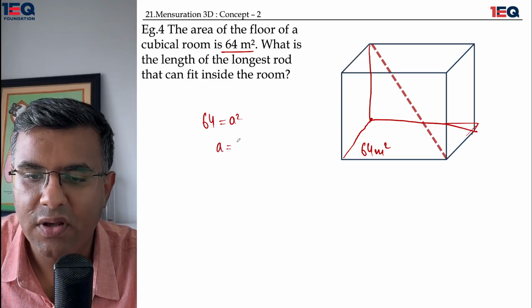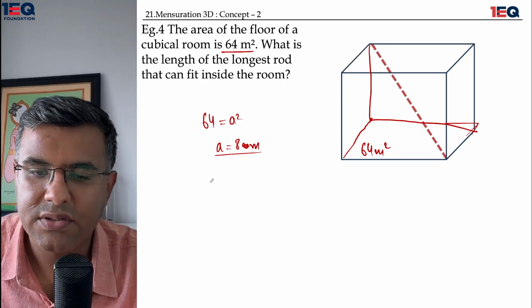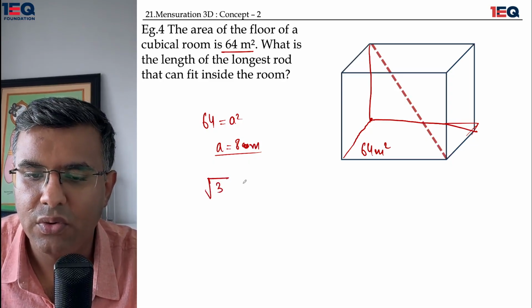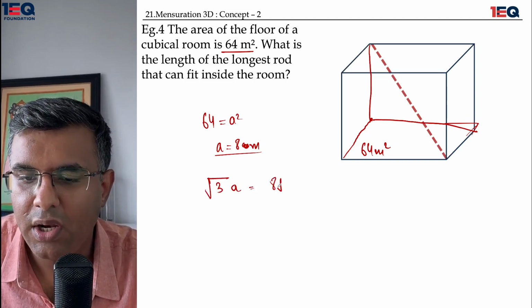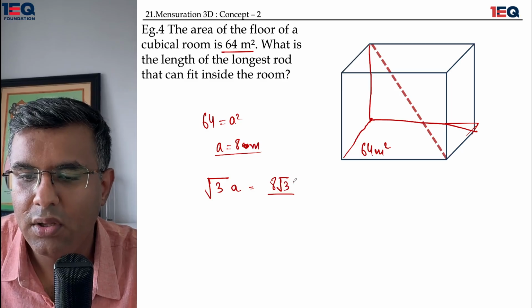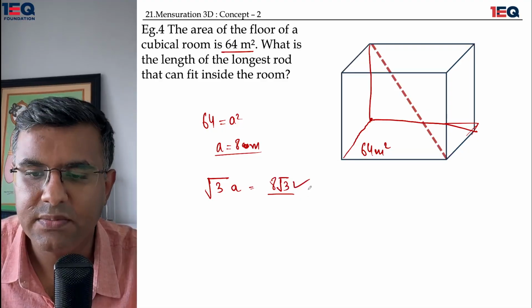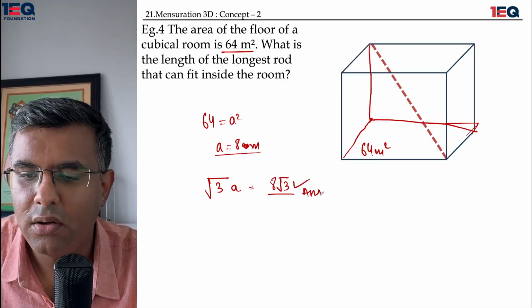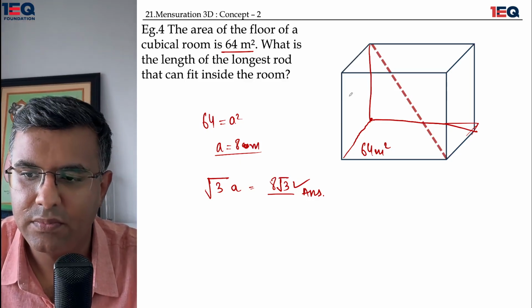The value of a would come down to 8 meters. So the side of the cube is 8 meters. The length of the longest rod, we already know, is root 3 times a, which is equal to 8 root 3 in this case. So 8 root 3 is my final answer.